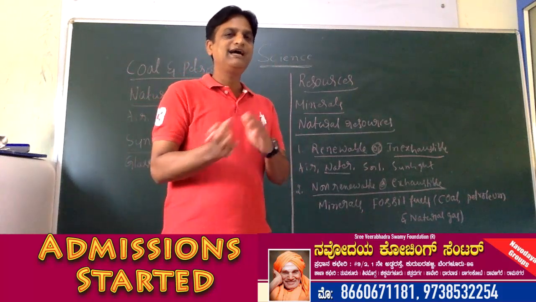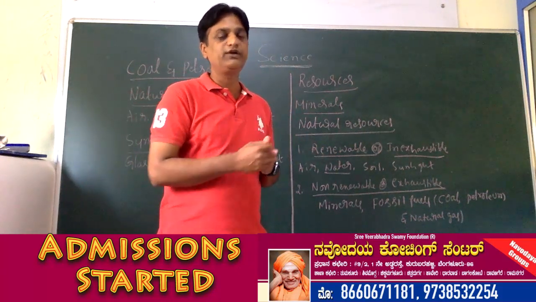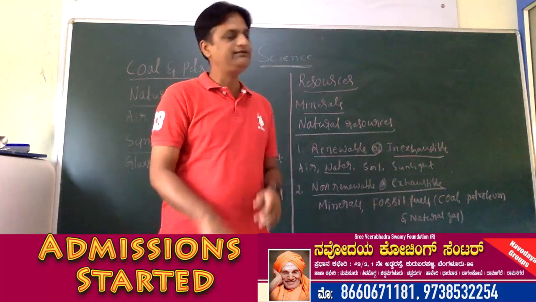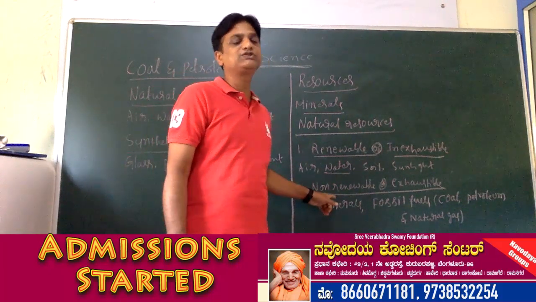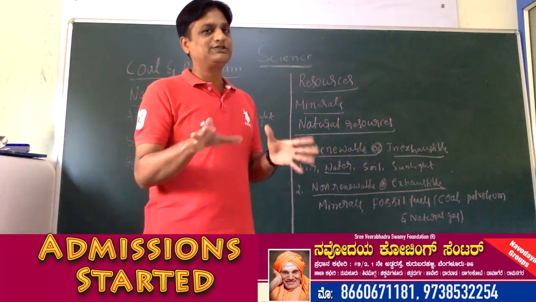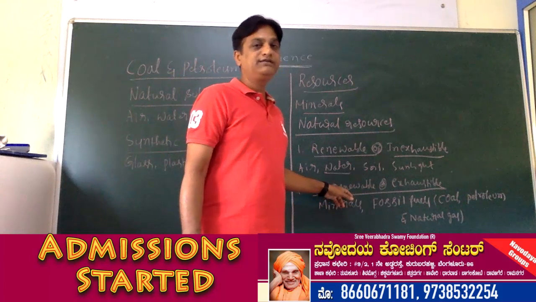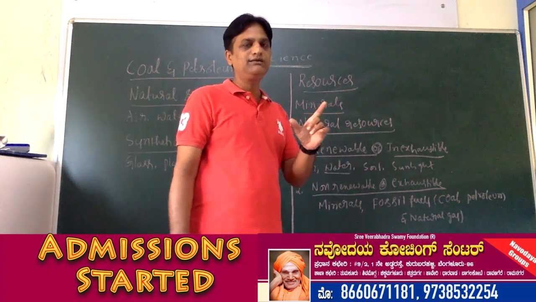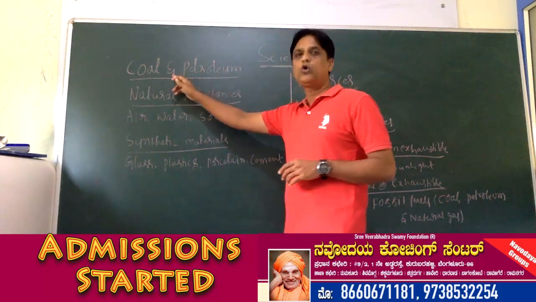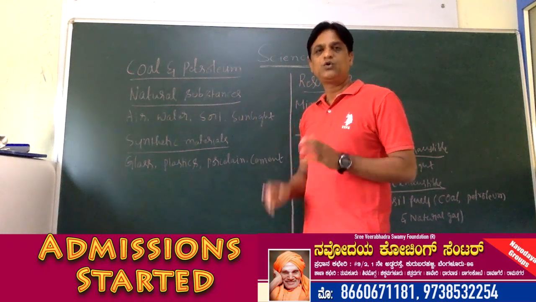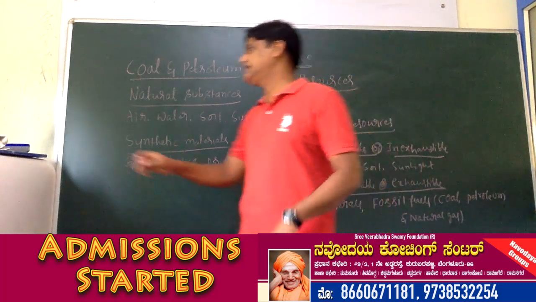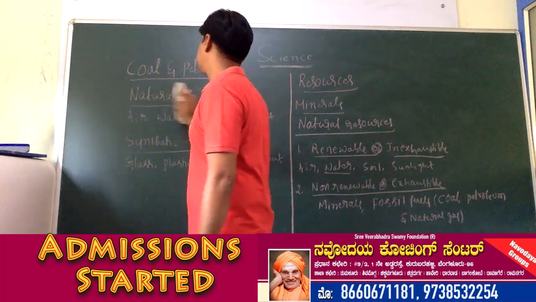Once they are used, they are going to get exhausted. Their availability is limited in nature. Such resources are called non-renewable resources. In this chapter we are going to discuss in detail one important non-renewable resource, that is coal and petroleum. Coal, petroleum and natural gas are together known as fossil fuels.